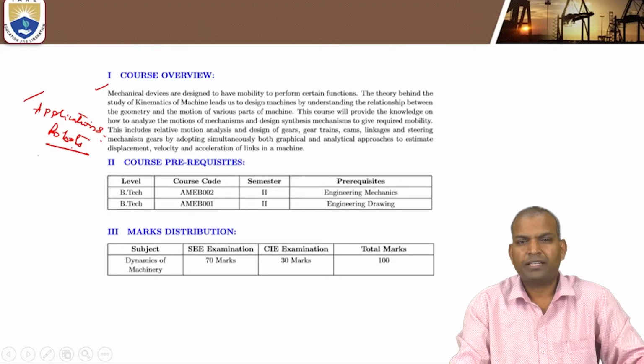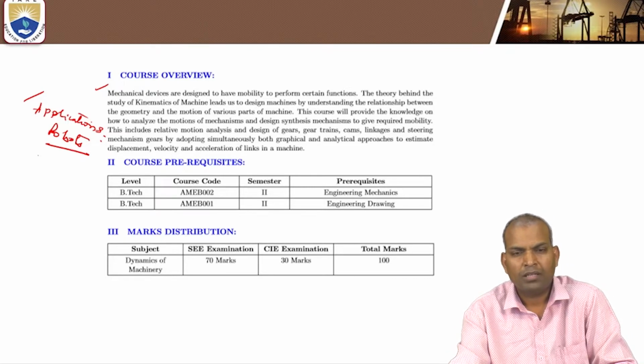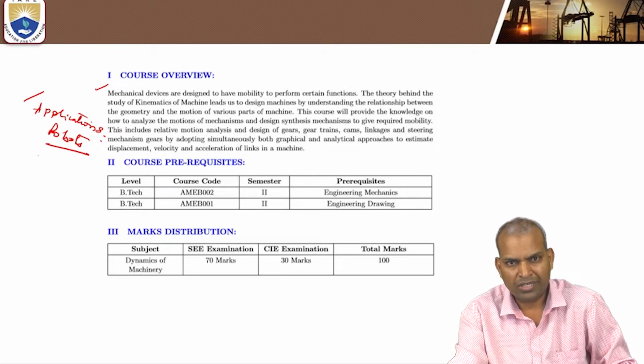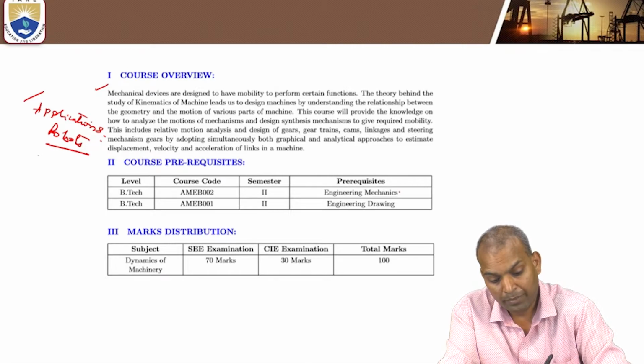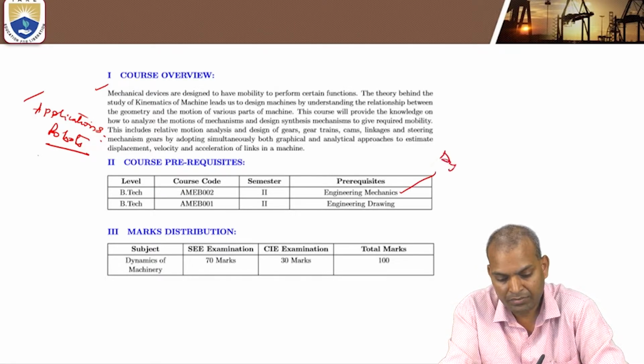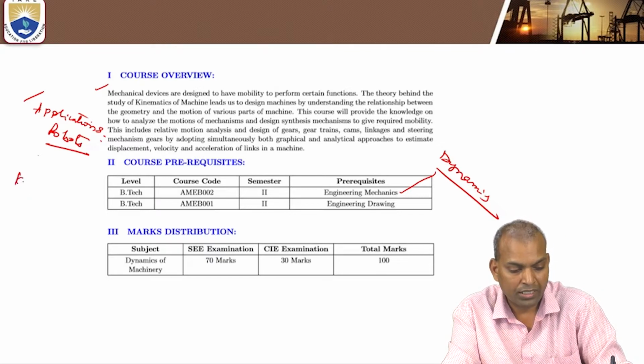The prerequisites to study this course are engineering mechanics and engineering drawing, because the concepts of mechanics fundamentals are going to be used, especially the part of dynamics. In the part of dynamics, we studied kinematics.